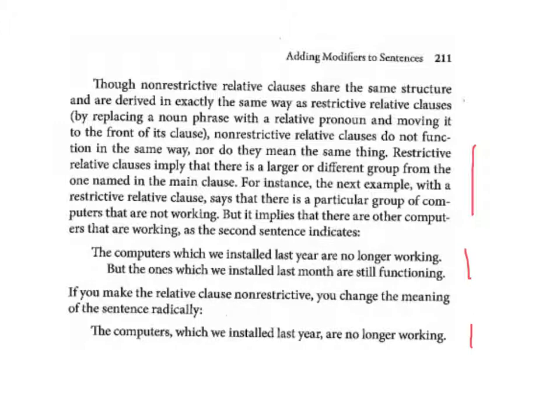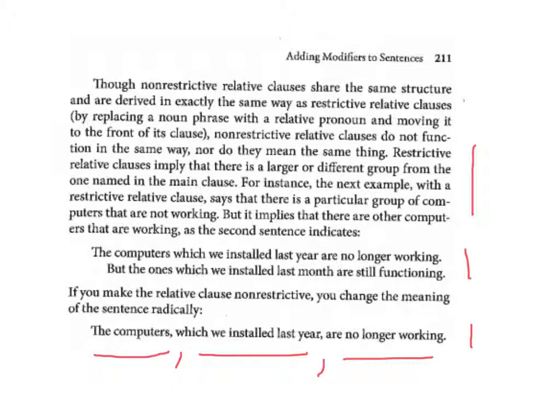But if we say the computers, comma, which we installed last year, comma, are no longer working, that means all of them are. Try to make sure you grasp this idea. In addition to clarifying any ambiguity about the meaning of a sentence, it can also help you know when a comma is needed in setting off the relative clause.